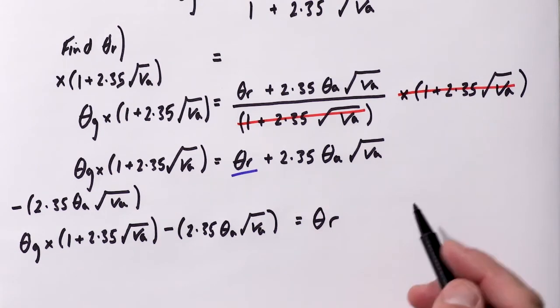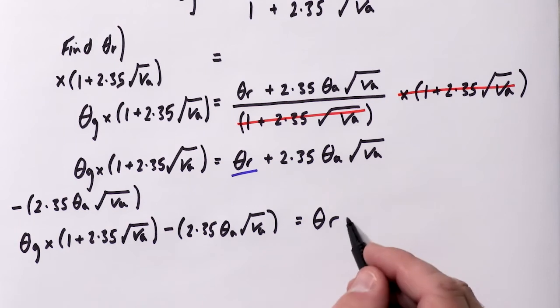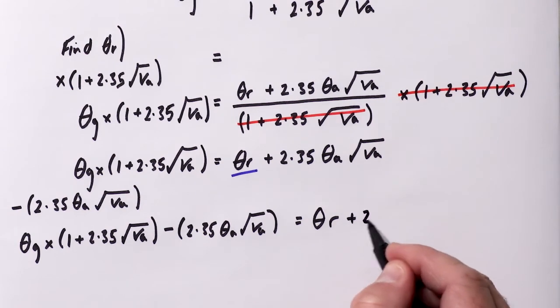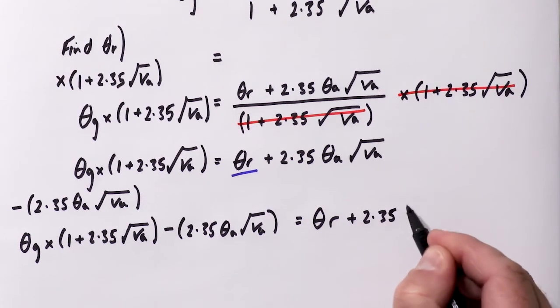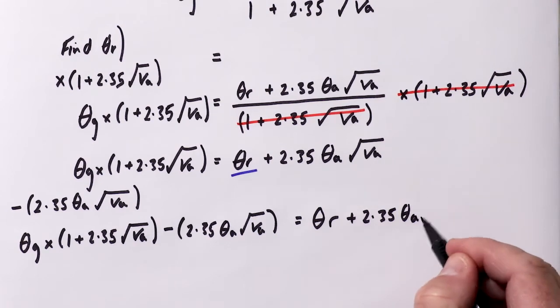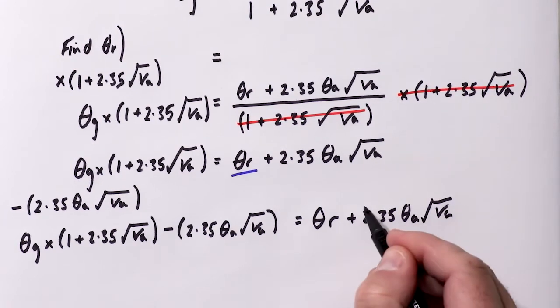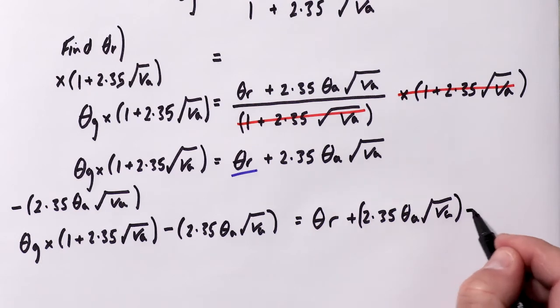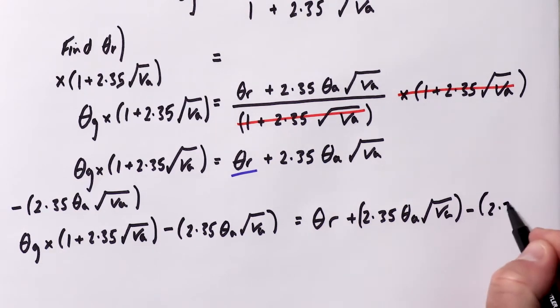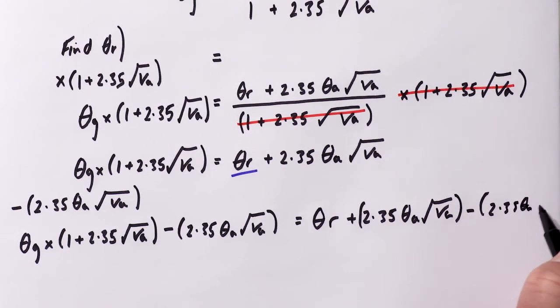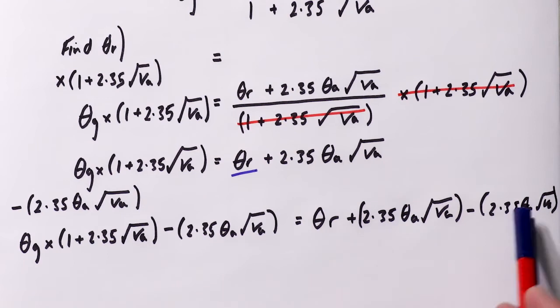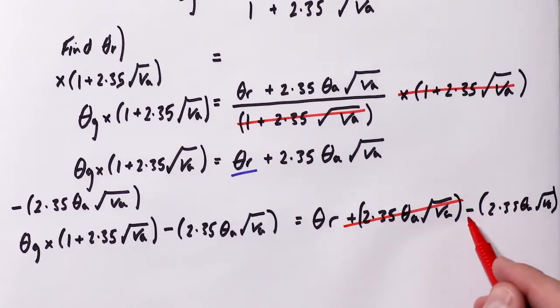That's cancelled out. In fact, let's write it out in full. 2.35 a VA, and because we're doing both sides of the equation, minus 2.35, just to show you, sorry, going a little bit off the page, but that doesn't matter, because if I'm adding that and then minusing it away, we can remove both halves of that.